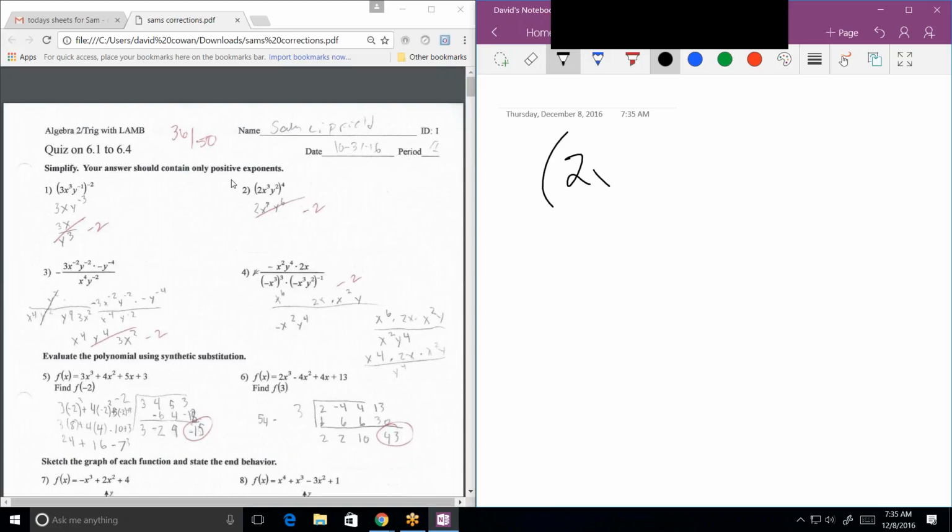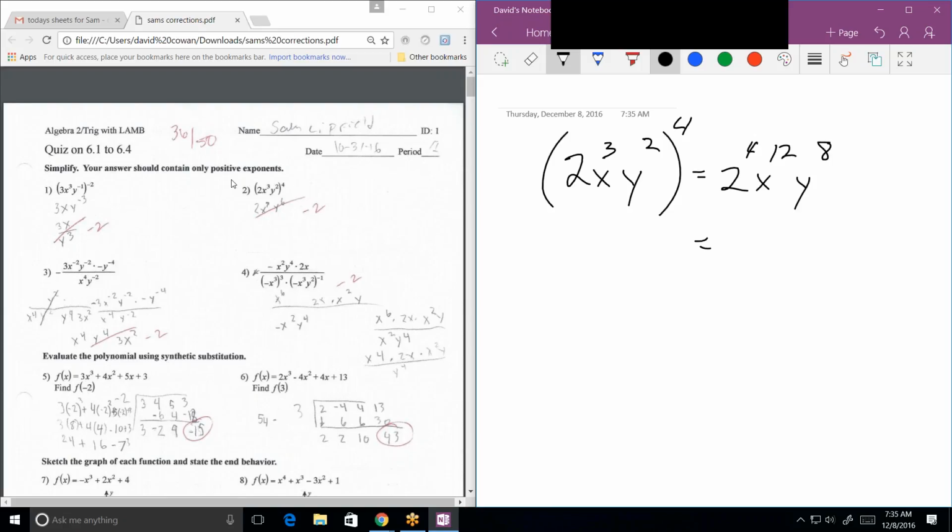You do this one. Again, double exponentiation, so each term would be 2 to the 4th times x to the 12th and y to the 8th. Okay, that only needs one simplification.